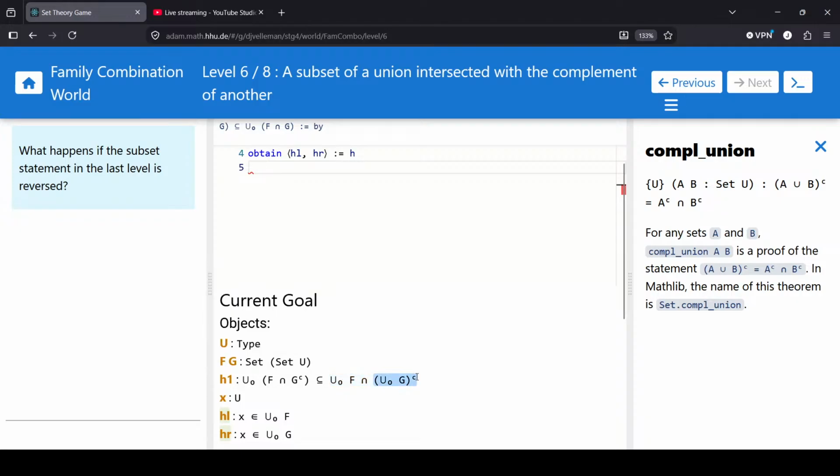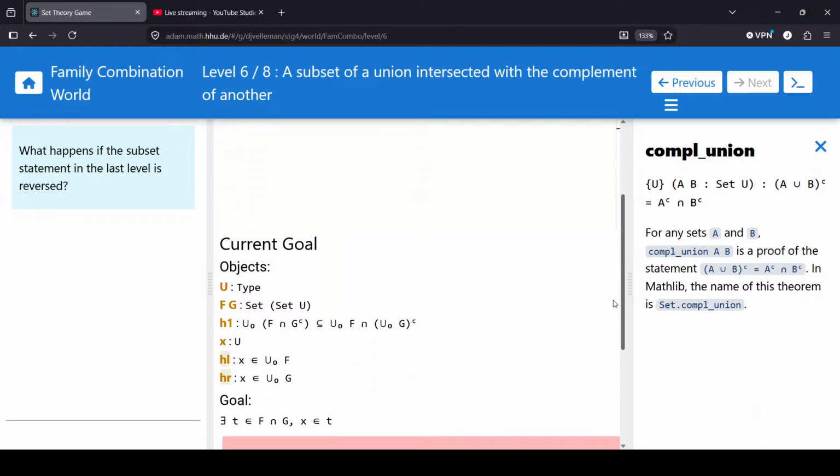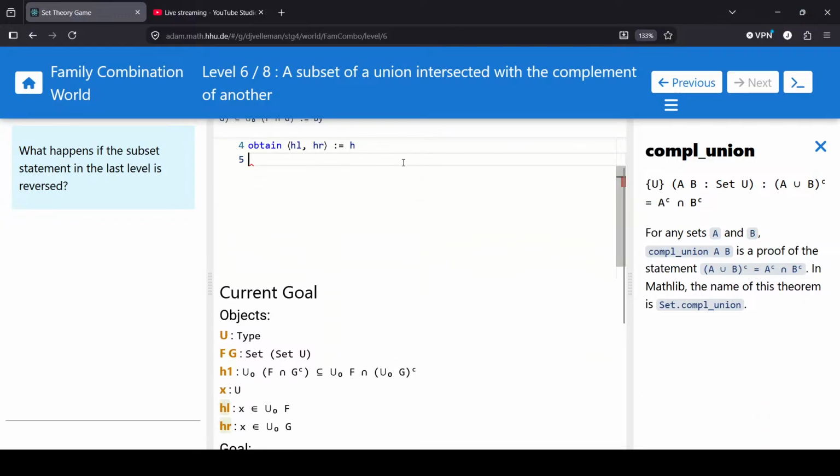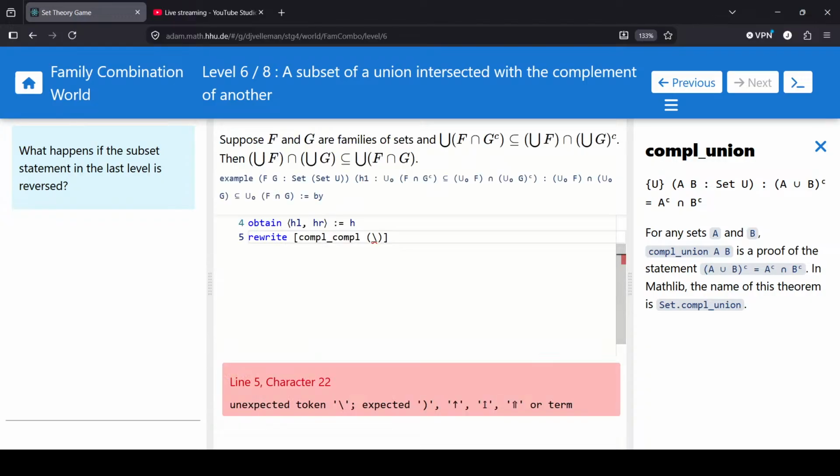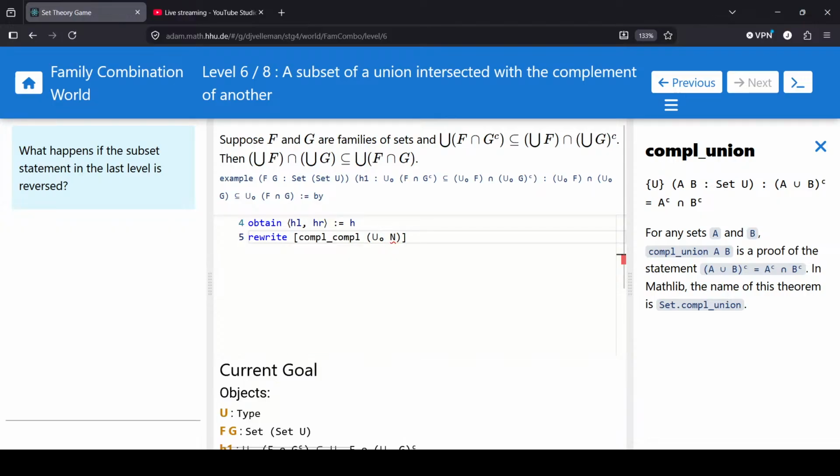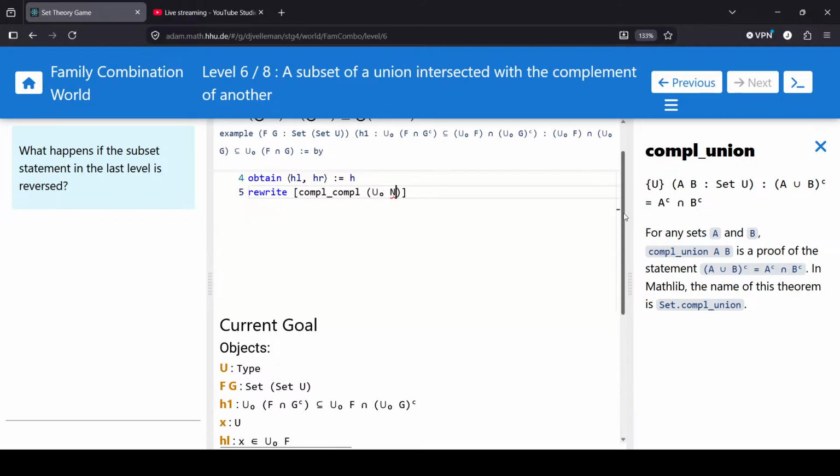Okay, so compl union can be applied to this if I compl this guy. Okay, that sounds promising. You know what? That sounds promising. Let's try it. Let's try doing something like that. So rewrite compl. We'll give it 0 at, oh god, what was it?